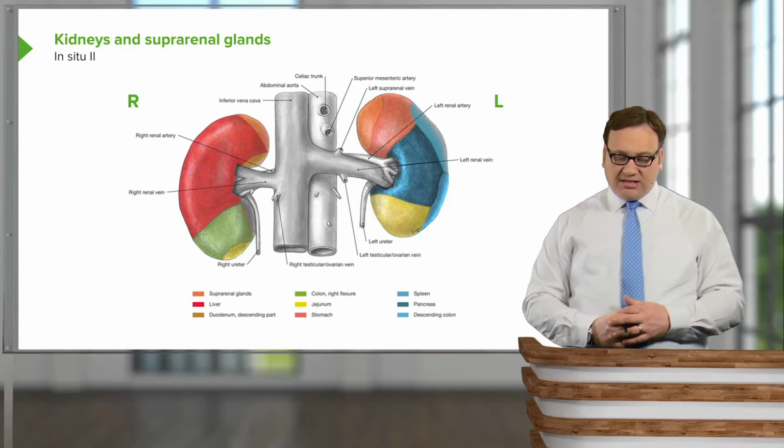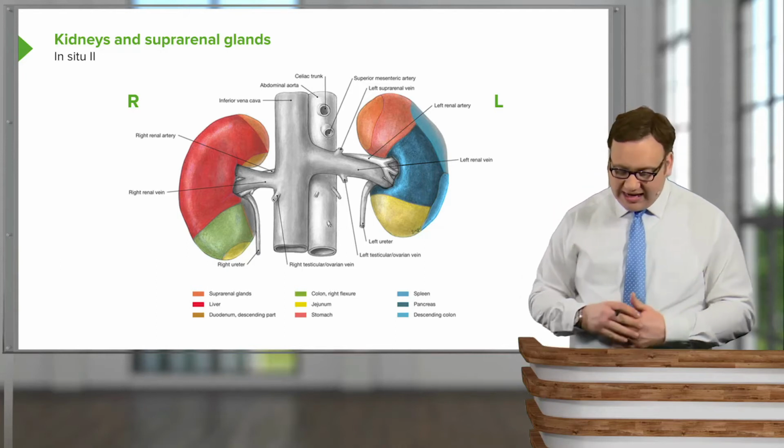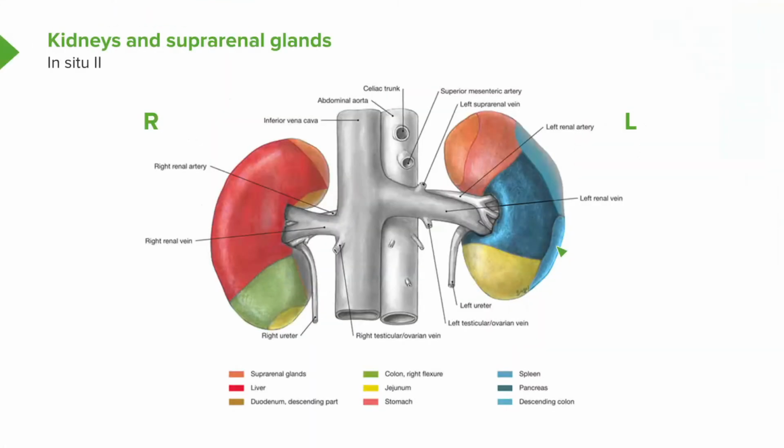If we look at the blood supply, then we can see this really clearly in this diagram. If we look to the right-hand side, we can see we've got the inferior vena cava, and running down the midline, we've got the abdominal aorta. We can see those unpaired visceral branches, celiac trunk, superior mesenteric artery, and down here, the inferior mesenteric artery.